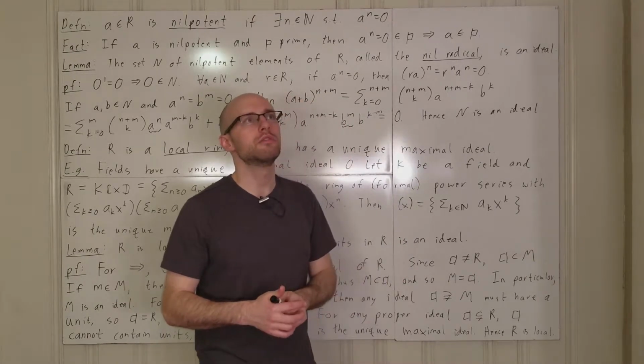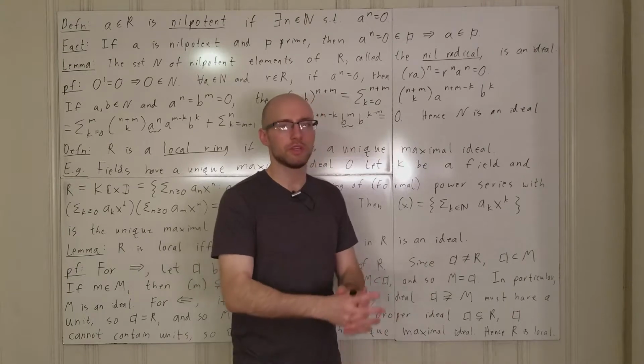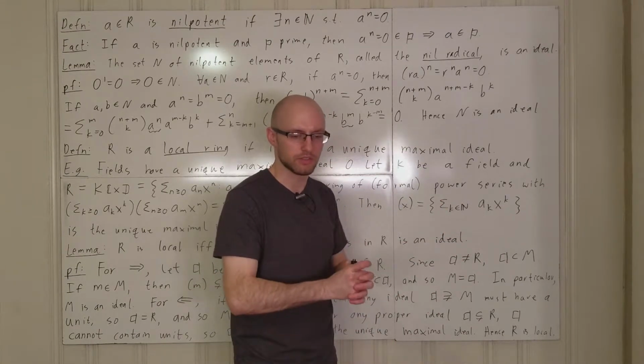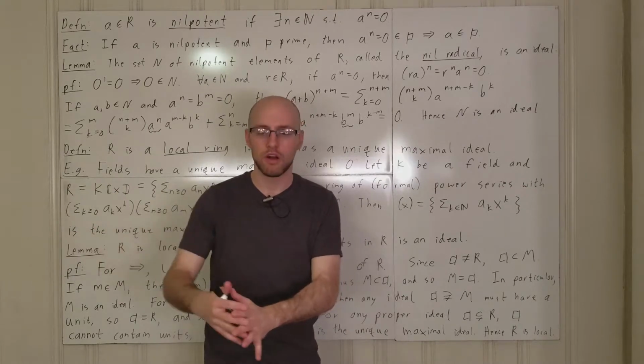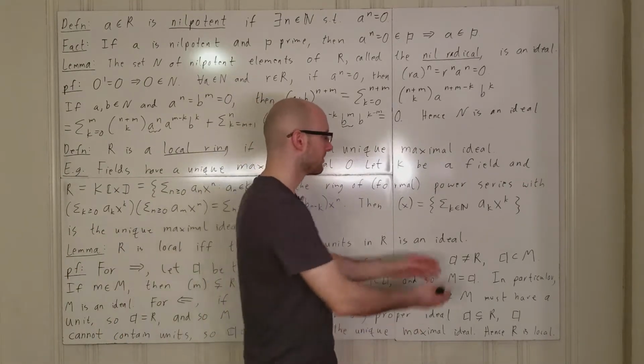But if you consider a power series, one of its terms, the zero term, will be a constant in the field. If you look at all the other terms by themselves, they will form an element of here.